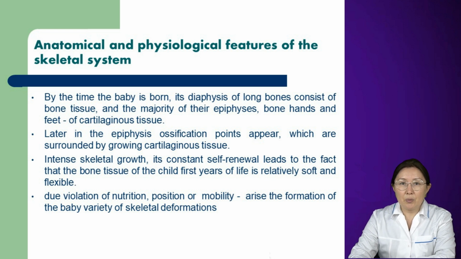Intense skeletal growth and constant self-renewal lead to the fact that the bone tissue in the child's first years of life is relatively soft and flexible. Due to violations of nutrition and mobility, a variety of skeletal deformations can arise in the baby.